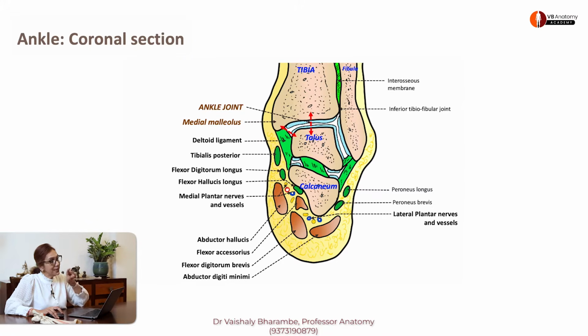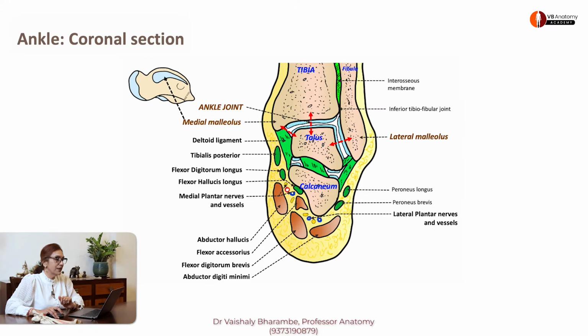Medial malleolus and talus are articulating with the comma-shaped facet. The fibula, the lateral malleolus, is articulating with talus at the triangular facet, thus forming the ankle joint.